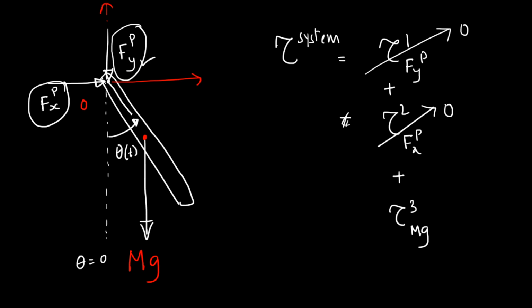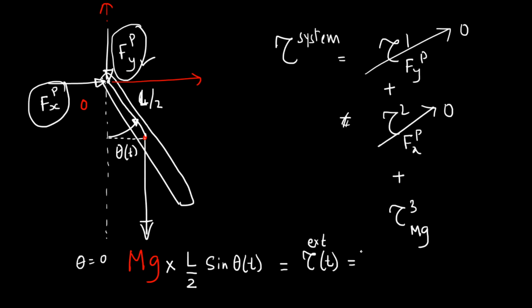This distance is L by 2, and this distance is L by 2 sine theta. So the torque at that instant of time is mg into L by 2 sine theta.